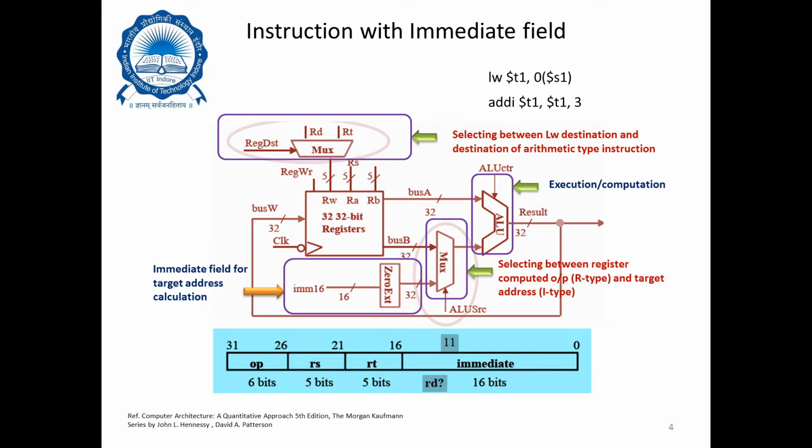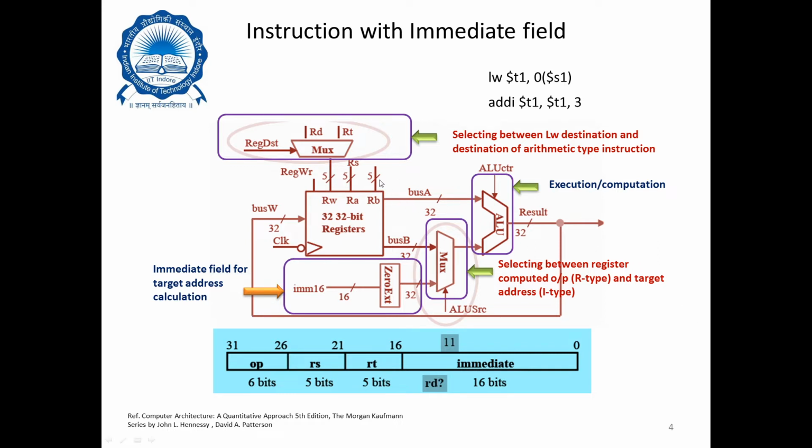Therefore RW gets its input from the output of the multiplexer, while the input of the multiplexer can be either RD for R-type instructions or RT for load store type instructions, which is the destination field for both. It is controlled through a select line, which is governed by a control signal, RegDst.